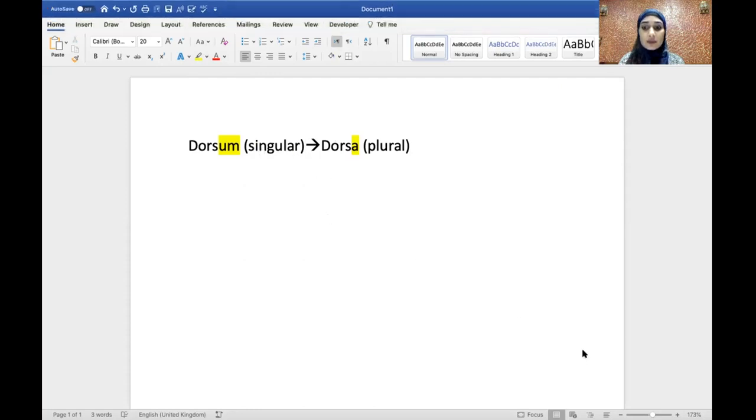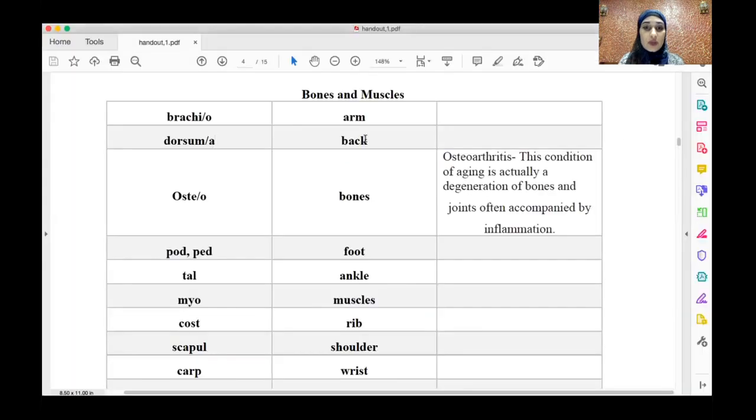So dorsum or dorsa, referring to the back, and osteo, referring to the bones, like, for example, osteoarthritis. This is a condition of aging. We have arthritis, which here means the inflammation of joints, right?